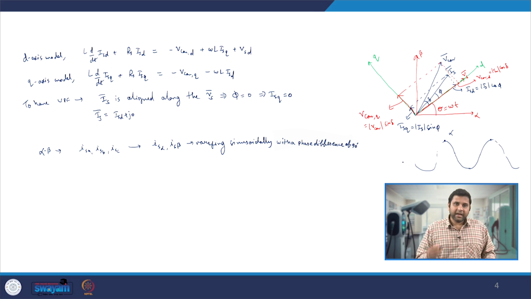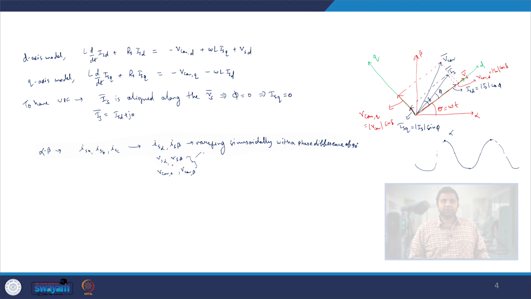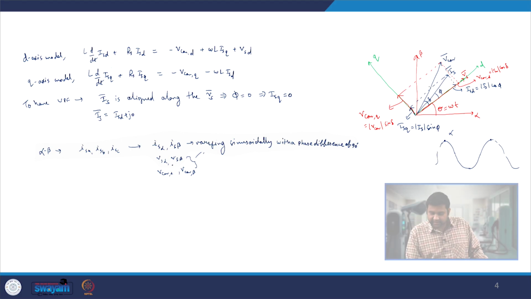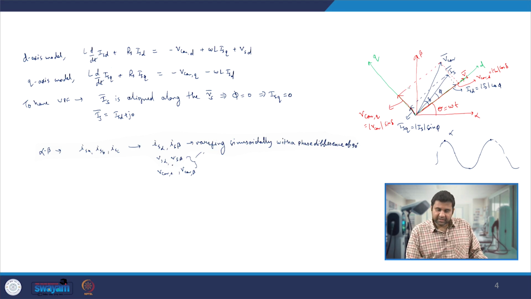So our Is alpha, Is beta, and our Vs alpha, Vs beta, and our V converter alpha, V converter beta voltages are varying sinusoidally with a phase shift of 90°. And why is beta 90°? Because the variation is 90° apart. And now this varies sinusoidally with a phase shift of angle theta with respect to time t.